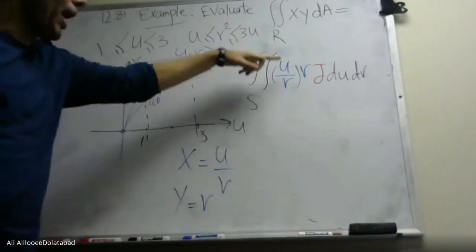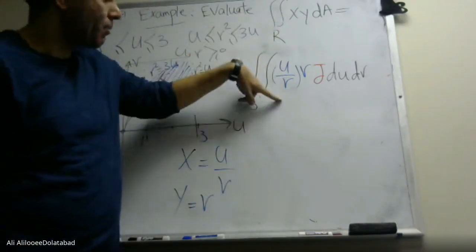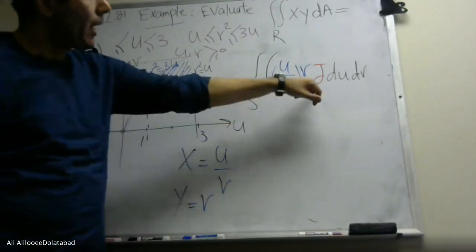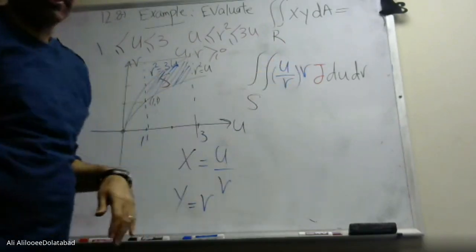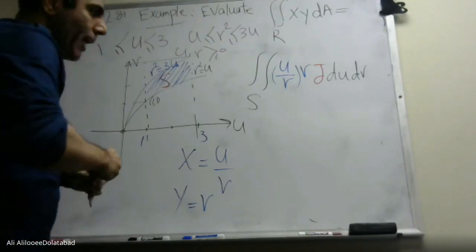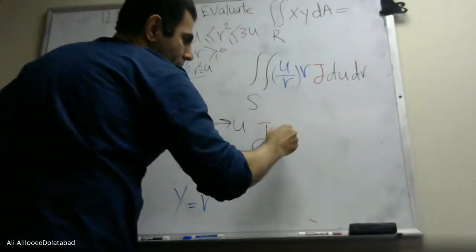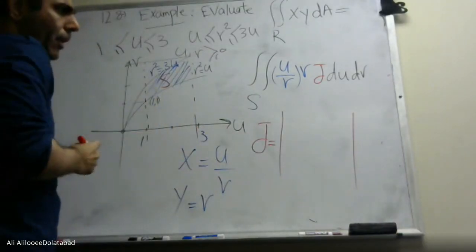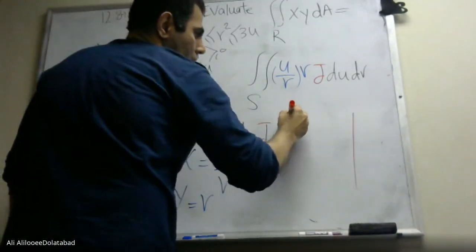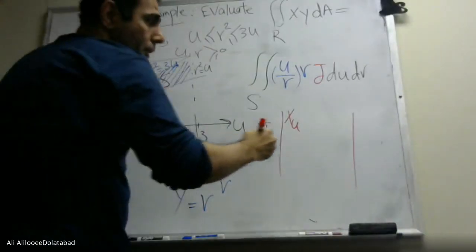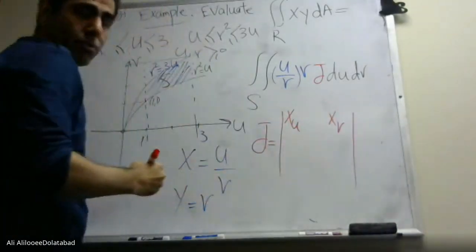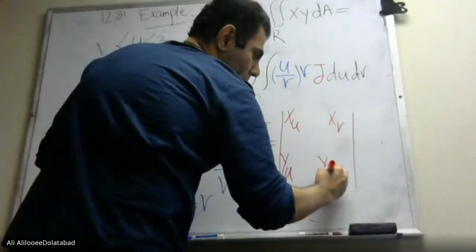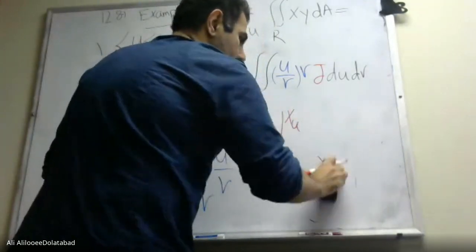So what did I do? I replaced x by u over v, y by v. This transformation is given. What is this J? J here is the Jacobian, and we have to find it. As I explained yesterday, the Jacobian is this determinant: partial derivative of x with respect to u, partial derivative of x with respect to v, partial derivative of y with respect to u, partial derivative of y with respect to v.